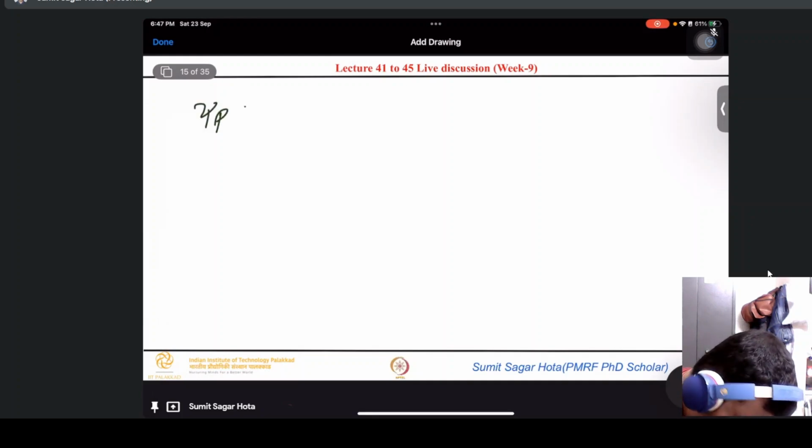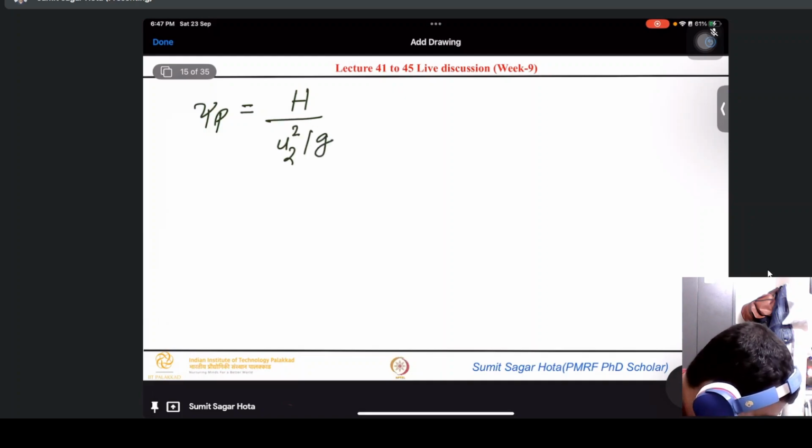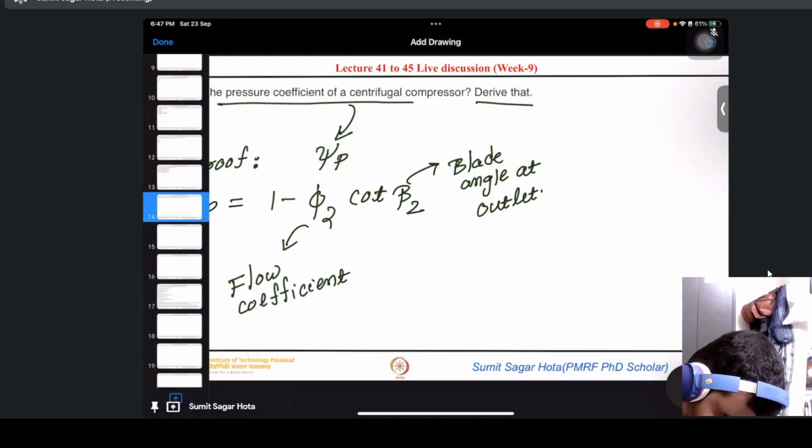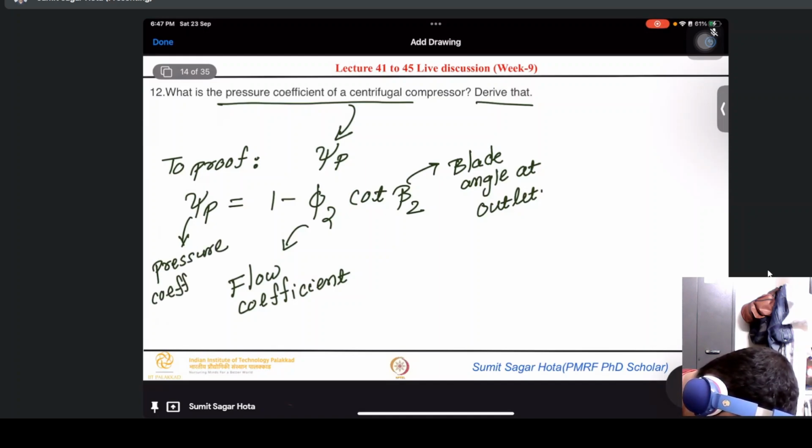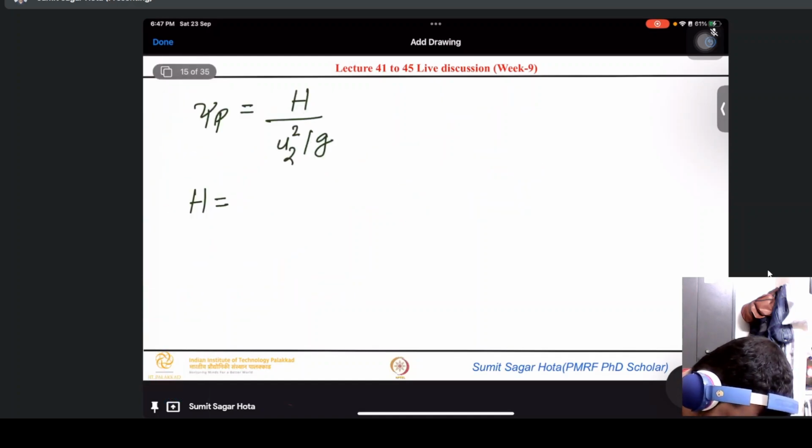Psi p is equal to H divided by U2 squared by g. I write down here the pressure coefficient.